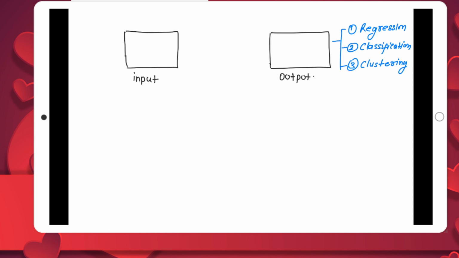And how do we do this? Let's say we have here input, which in general is also known as the input data, and then we have their output.